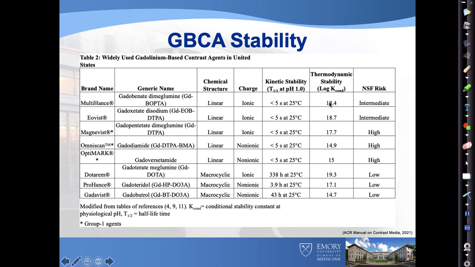In terms of thermodynamic stability, it is the macrocyclic ionic agent Dotarem that has the highest. The macrocyclic agents also have the lowest risk in terms of NSF, and I'll describe what NSF is later on in this lecture.